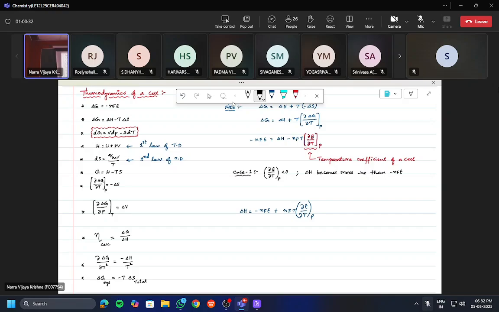This is already negative. If this becomes negative, it becomes even more negative than the NFE term. Means mod delta H becomes greater than mod NFE. Accepted or not? Accepted. Now I am taking case 2.